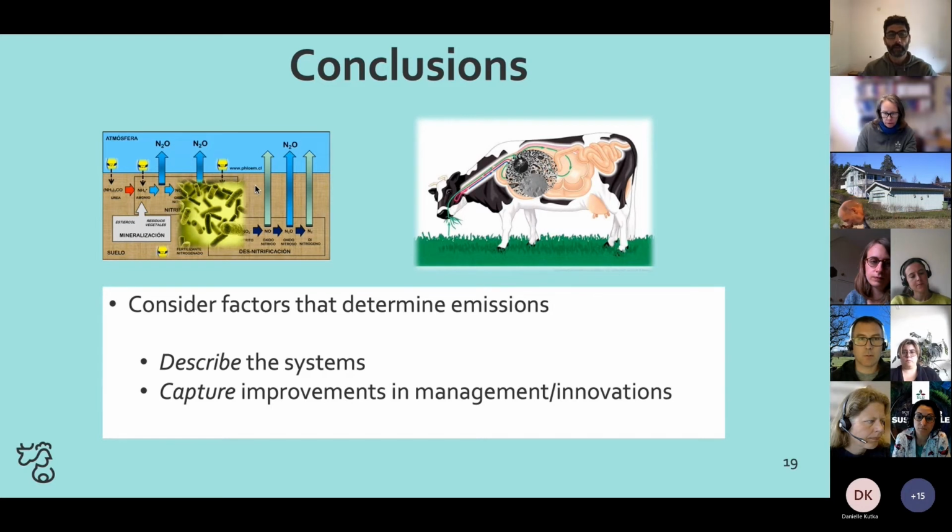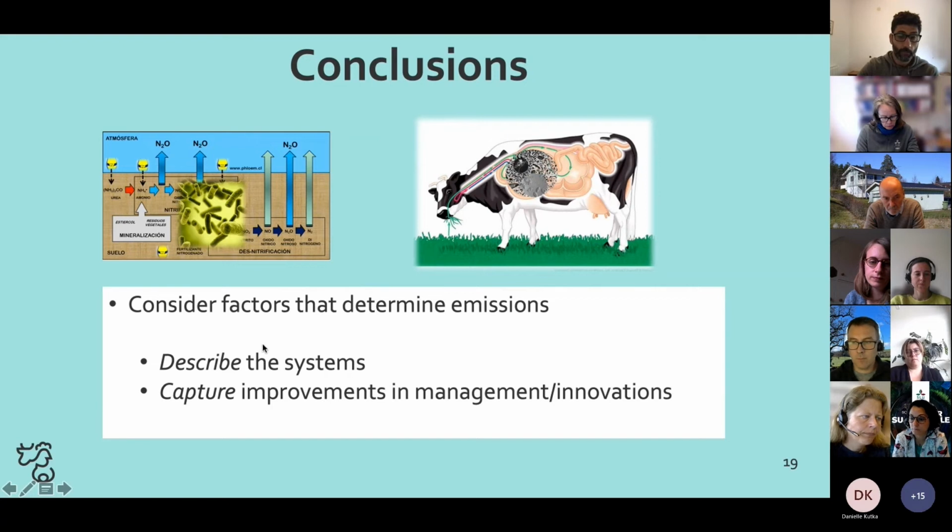And if we have good emission factors that consider all those elements of the biology, then we can hopefully better describe the systems, so we know on which baseline the different systems operate, and more importantly, we can capture improvements as a result of changes in management and innovation. That is basically what we are going to be doing in parts of this project.